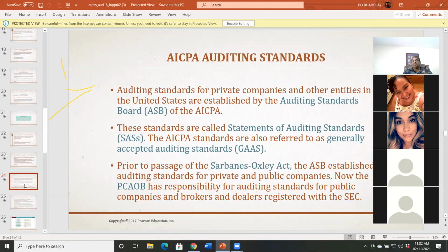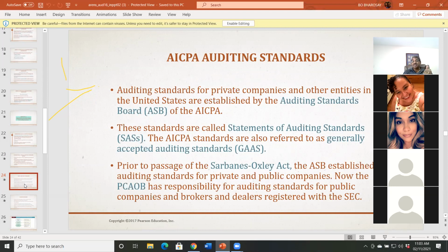The 10 standards are broken up into 3 categories. The first one is called the General Standards. The first is competence, the second is independence, and the third is due professional care. They deal with the qualities of the person doing the audit.